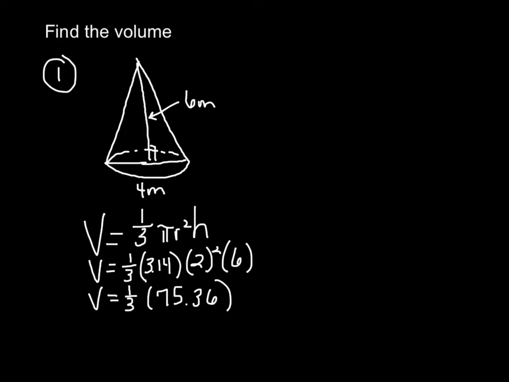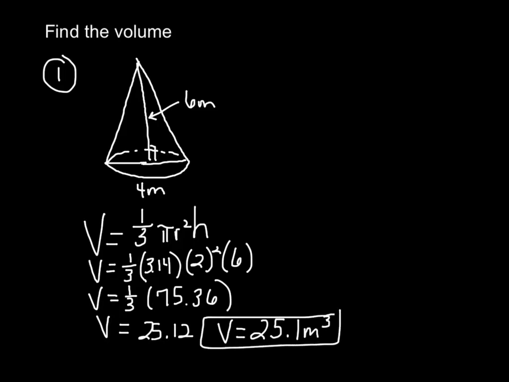So we're going to divide that by 3. Your answer is 25 and 12/100ths. If you round it to the nearest tenth, as the directions state, that will give us 25 and 1/10. We have to label its volume, so it's going to be cubic meters. So our answer is 25.1 meters cubed, or cubic meters.